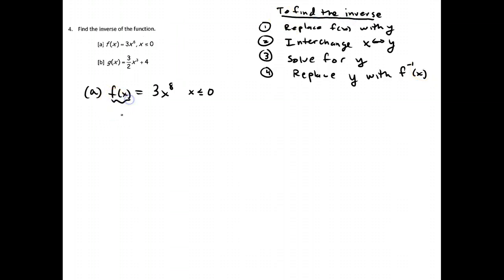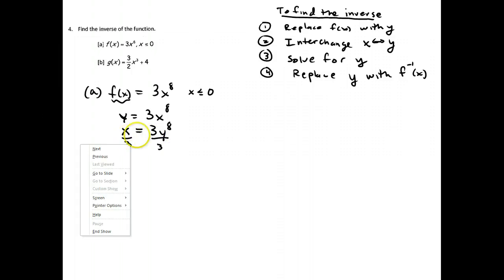So first thing, I have to call f of x y. Second thing, I have to interchange x and y. Second step done. Third step, I need to solve for y. There's a certain order in how I have to go about that. First I need to divide by 3.